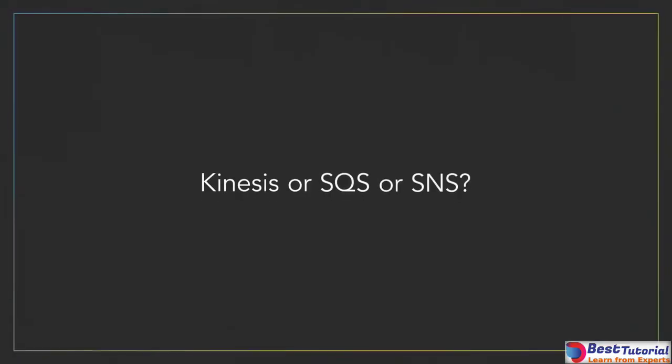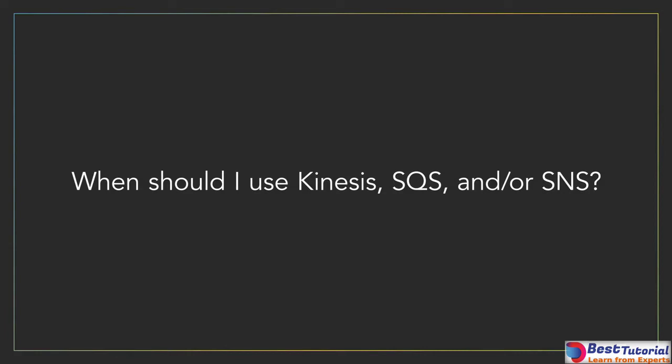All the messaging services work a bit differently, so it's important to understand when to use the right tool for the right job. The question isn't, how should I choose between Kinesis or SQS or SNS? Like you're somehow choosing between cereal boxes at a grocery store. No. The real question is, when should I use Kinesis or SQS or SNS?